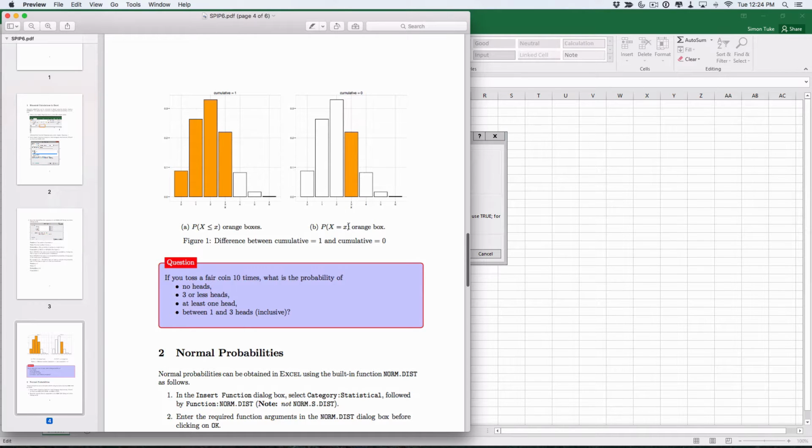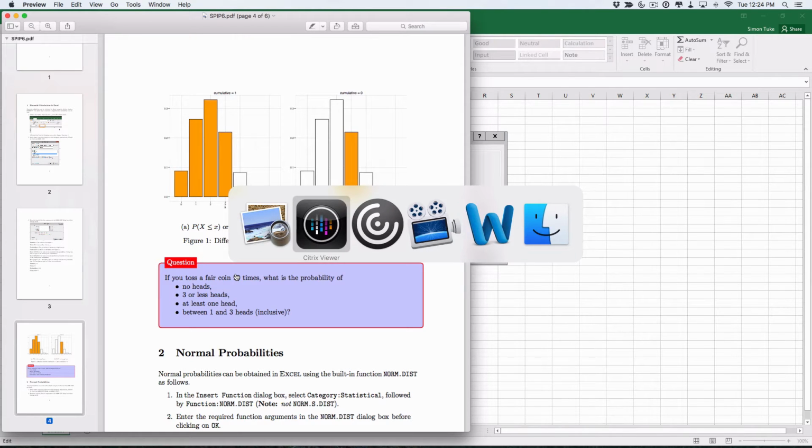If I ask you to just work out the probability that x equals something, so it's just the orange box, then you set cumulative equal to false, or as a shortcut, you can just put 0. On this side, if you want less than or equals, then you set cumulative equal to 1, because cumulative is adding up all the ones that are less than or equal. It's accumulating them.